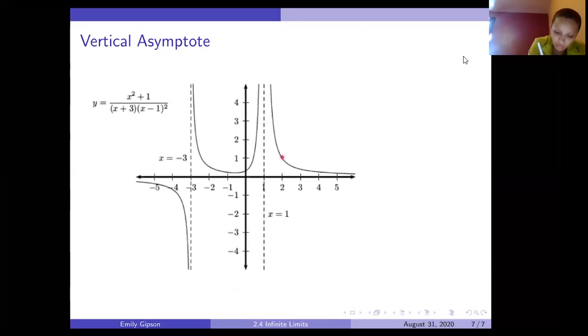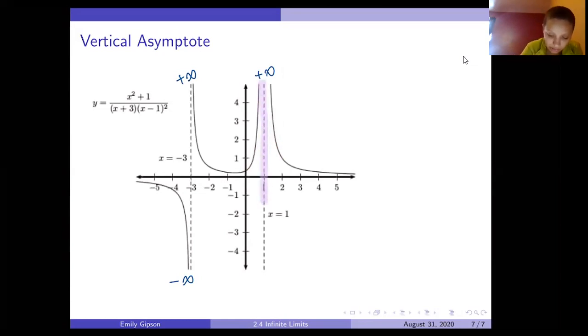as we approach 1 from the right and from the left, we're going towards positive infinity. Again, as we approach -3 from the right, we're approaching positive infinity. And as we approach -3 from the left, we're approaching negative infinity. So the question is, what are these dashed lines called? Let me highlight them.